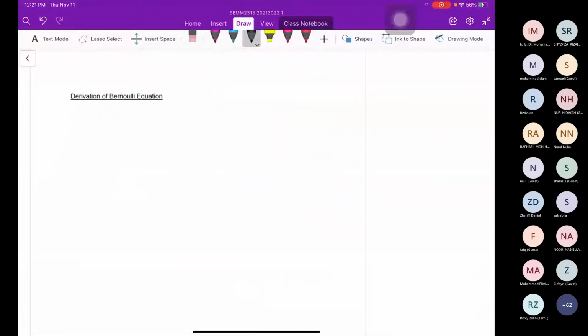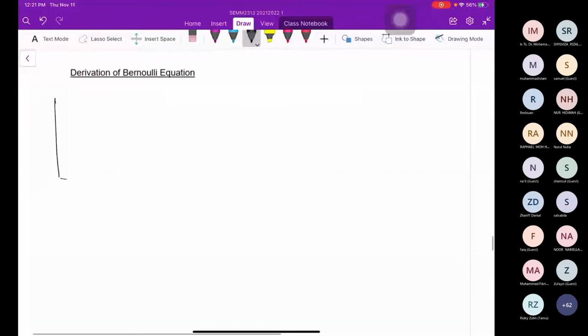Alright, now let's start with the Bernoulli equation. We have the x and z direction, and the particle moves from here to here. So we can have the distance of the particle, maybe this is ds.